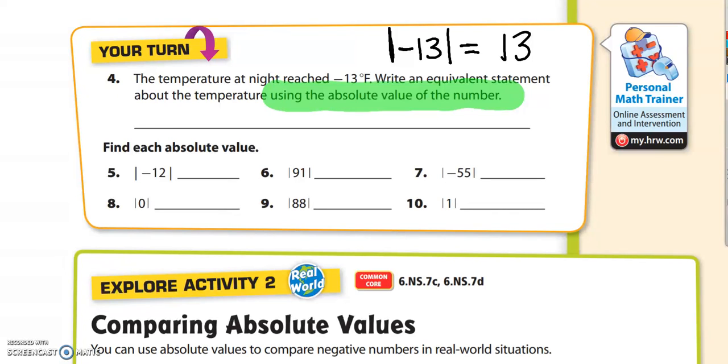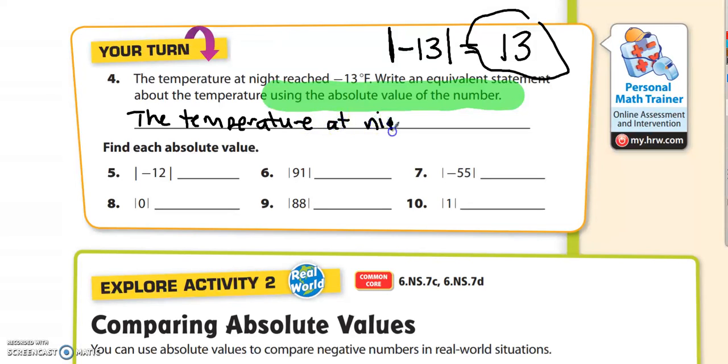So how do we use this number right here, 13, and say the same statement? We have to say that the temperature at night reached negative 13. Well, one way to do that would be to say this. The temperature at night reached 13 degrees below 0.